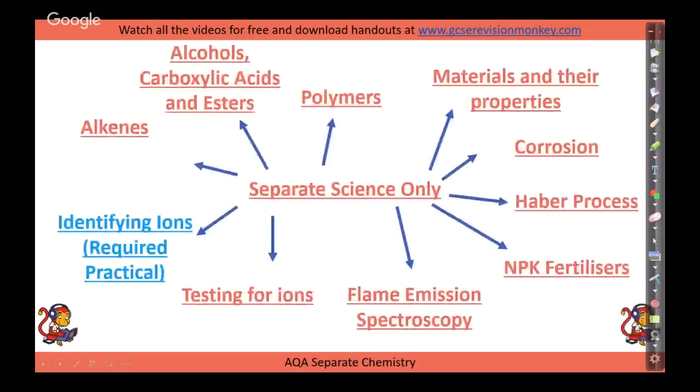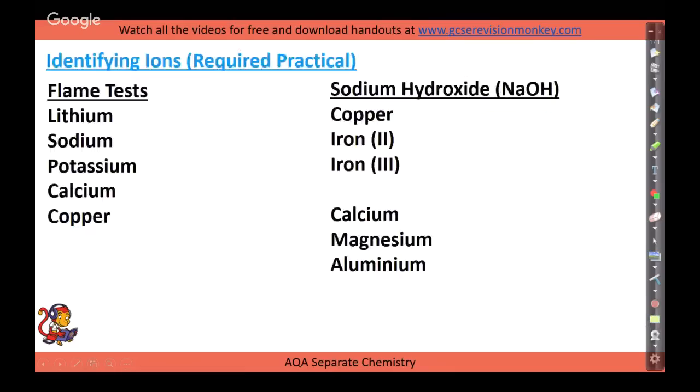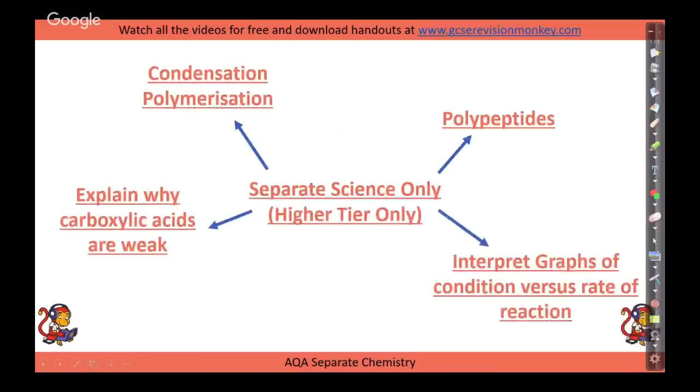In the separate science only video that you can watch elsewhere, I have told you which bits are higher tier only as well. There's not many bits. I'll just go through that now, actually, before I go through the other bit. These are the bits that are higher tier only. So really have a look at this slide. If you're doing higher tier, expect these things to come up.